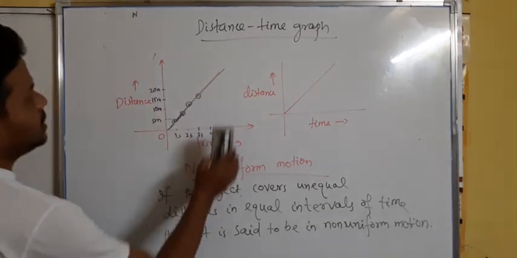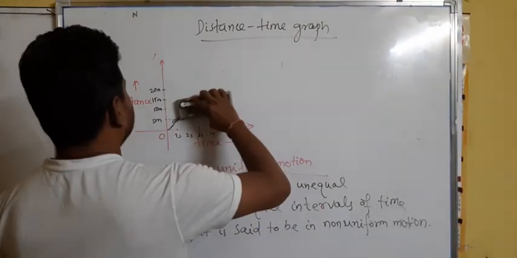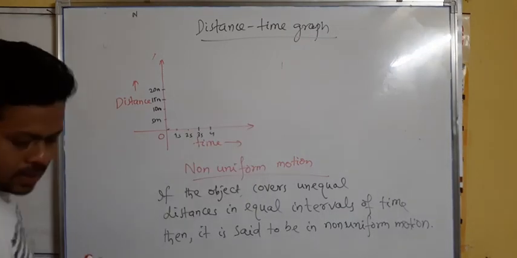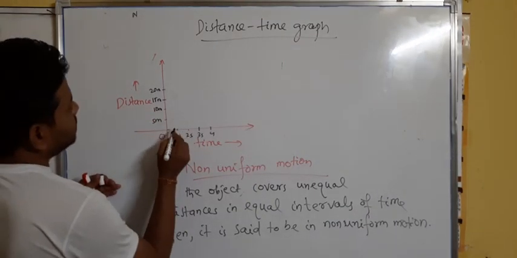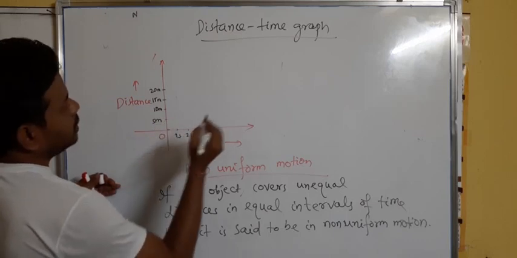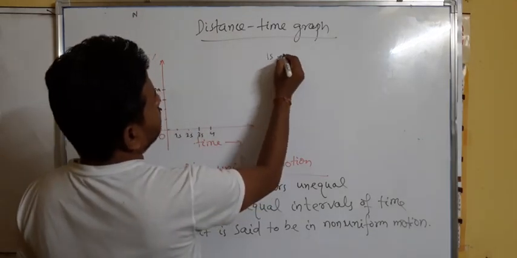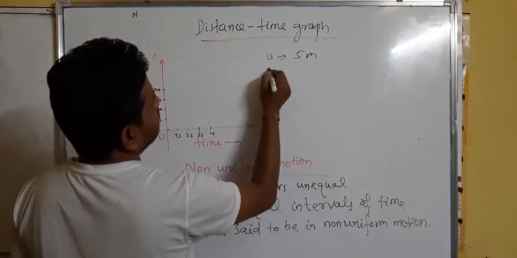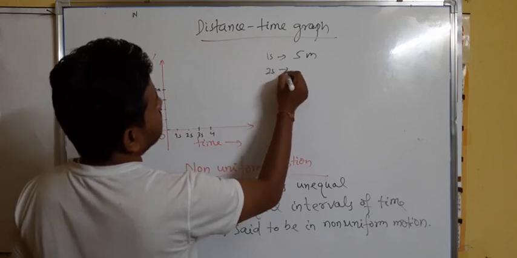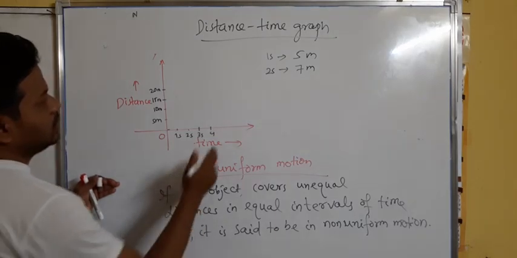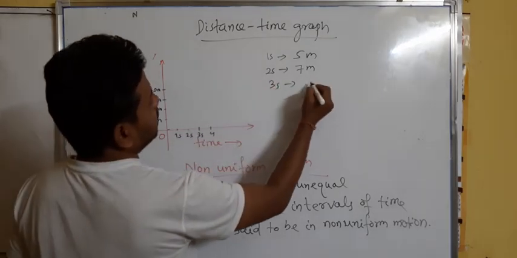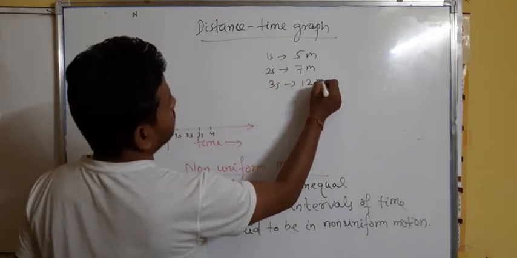And what will be its graph here? For example, in the first second it moves 5 meter, and in the next second it moves 7 meter, and then say 12 meter.